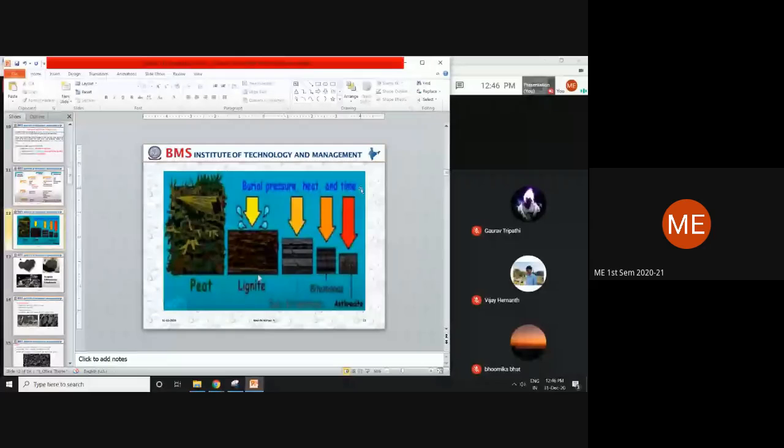The quality of the coal increases based on the pressure, heat, and time it has undergone. The higher the pressure, heat, and time, the better the coal. The source of coal available here is called lignite, which has lesser moisture compared to the peat, but higher bituminous.